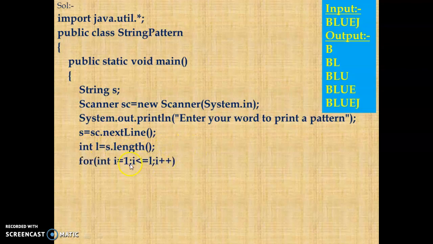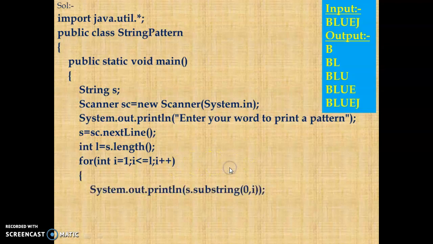Then we have a loop, because we have to print 5 lines or however many lines. The same thing we have to repeat, print. That's why we are using a loop here. The loop starts from 1, and I is less than or equal to L, till the end of the string, and I plus plus.